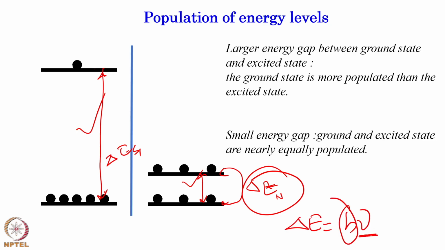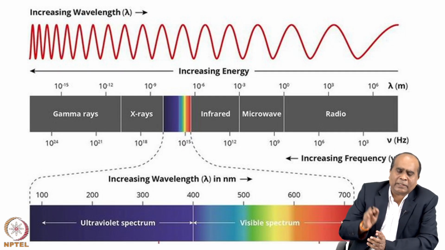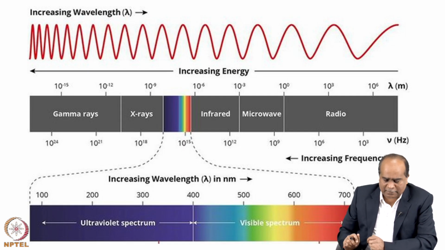So, for a delta E that is larger, you require a larger frequency. For a delta E that is smaller, you require a smaller frequency. And therefore, if you look at the electromagnetic wave spectrum, depending upon delta E, we choose different kinds of frequency to excite the energy gap, or do different kinds of spectroscopy.